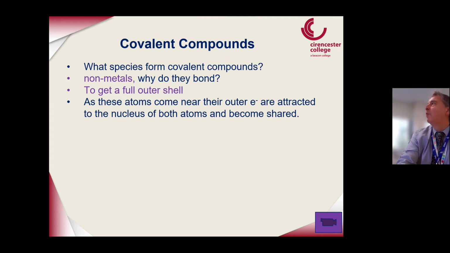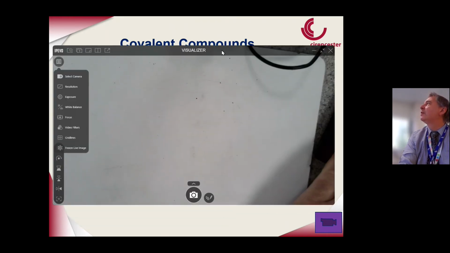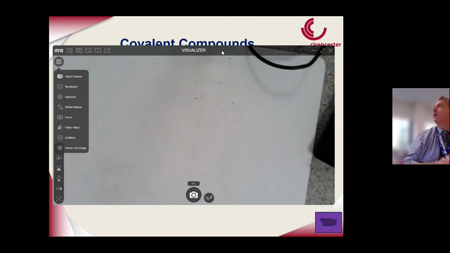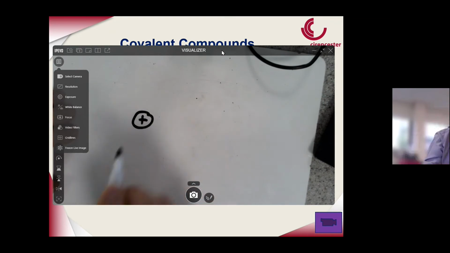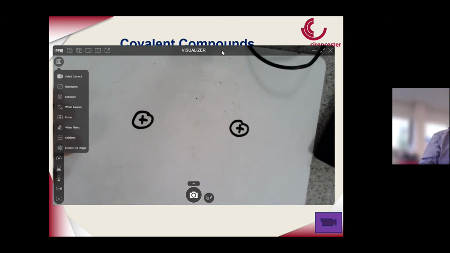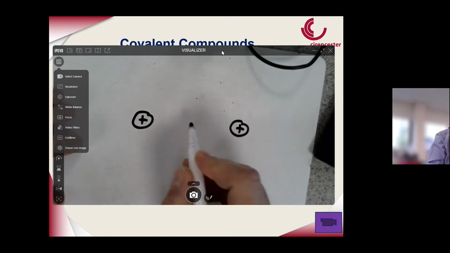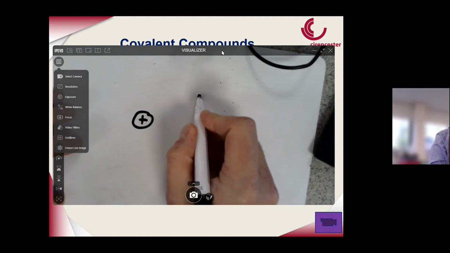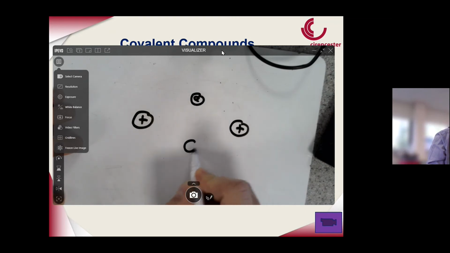If we have a positive nucleus here and another positive nucleus here from two non-metal atoms, and they're going to share electrons, let's put an electron here and another electron here.